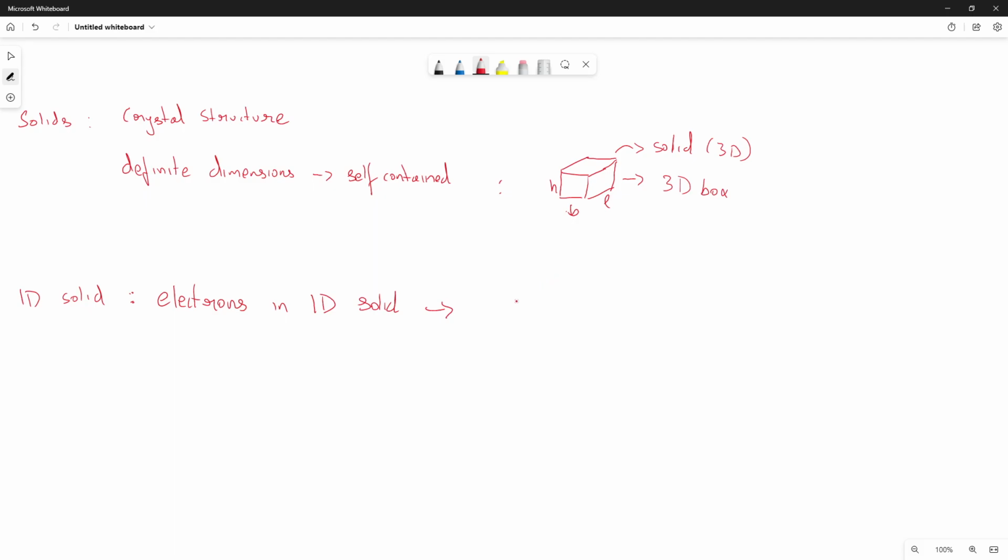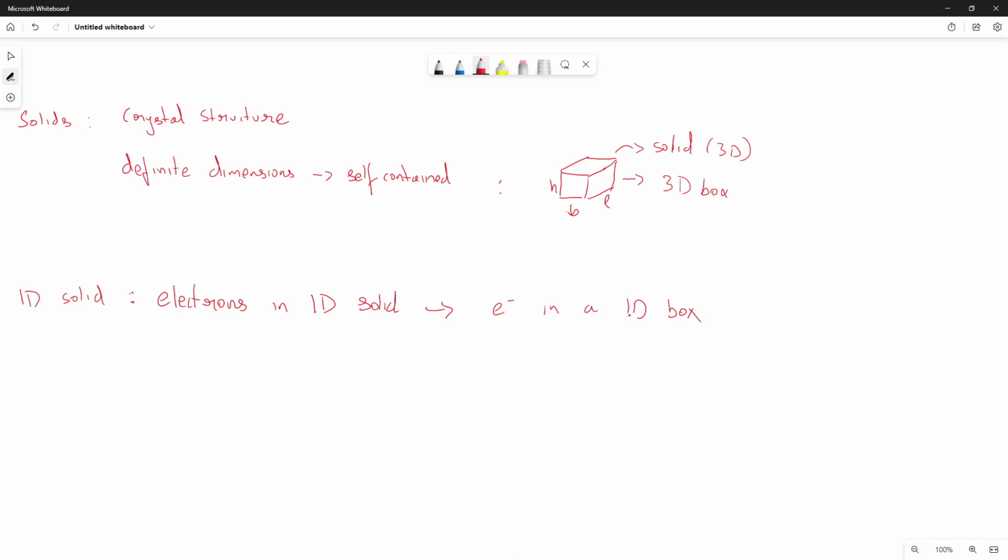Therefore, what is that system? Electrons in a what? In a 1D box. Yes, sir. Because in a 3D solid, the electrons are confined in a 3D box. So in a 1D solid, the electrons are in a 1D box.